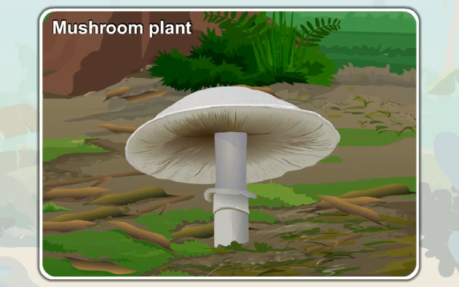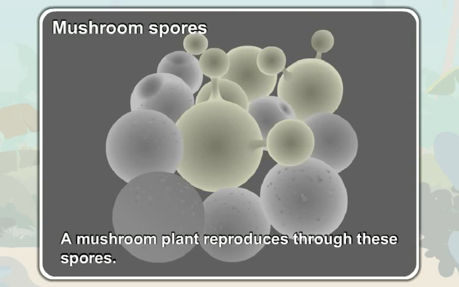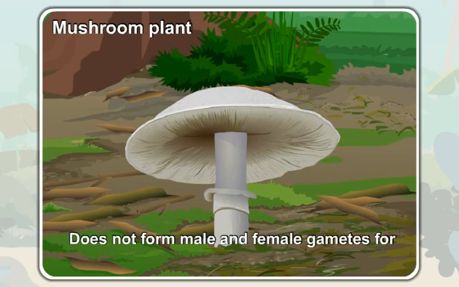Like a fern plant, a mushroom plant also has spores. A mushroom plant reproduces through these spores. A mushroom plant, too, does not form male and female gametes for reproduction.